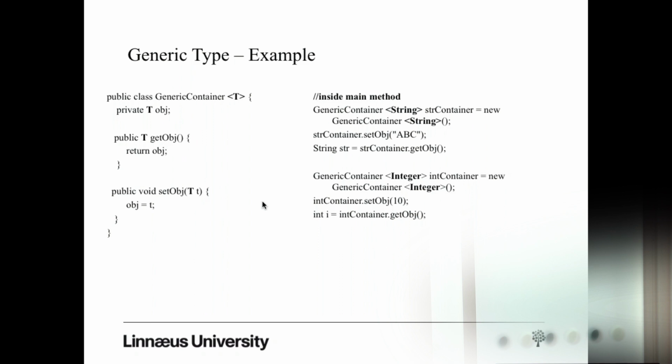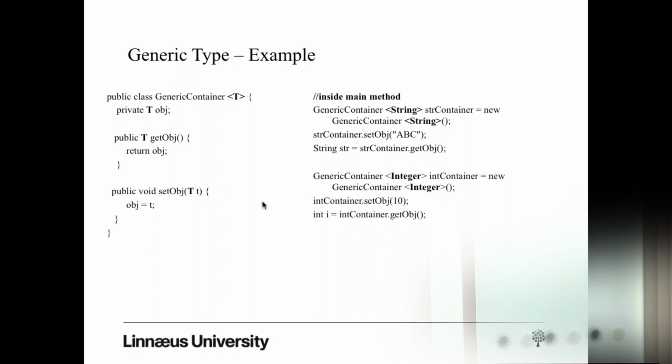The type that you specify over here will, at runtime, replace this T, and similarly in all the instances where you have used this type parameter. So for this line of code, T will get replaced by String.